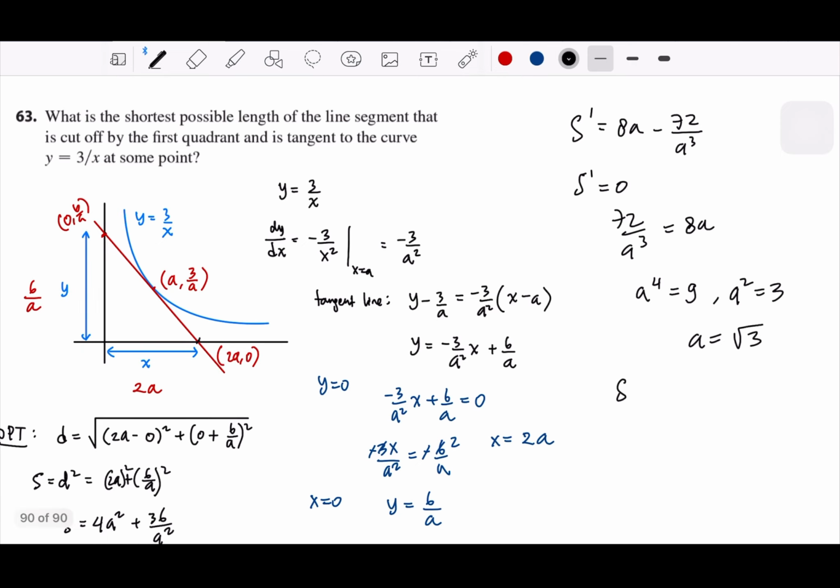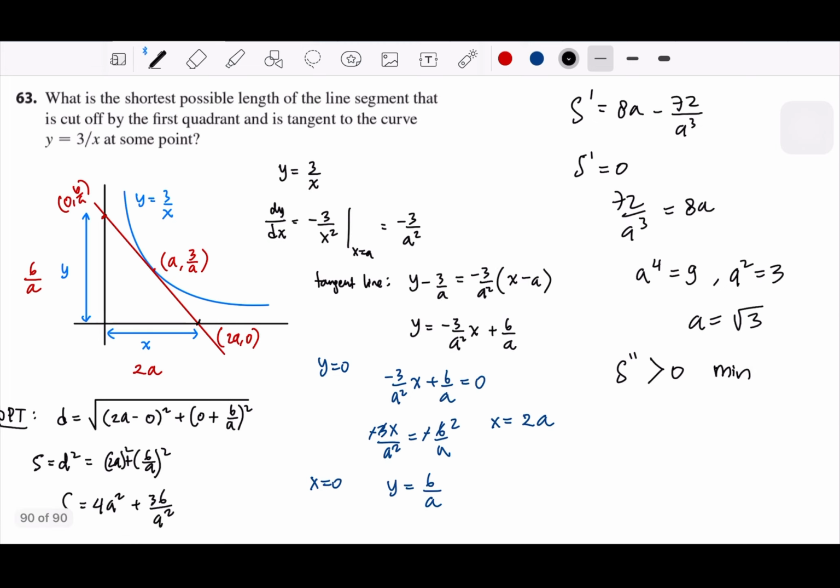And then we can check s double prime. If this is greater than 0, we will have the minimum value, and you can make sure that this a is our minimum value.